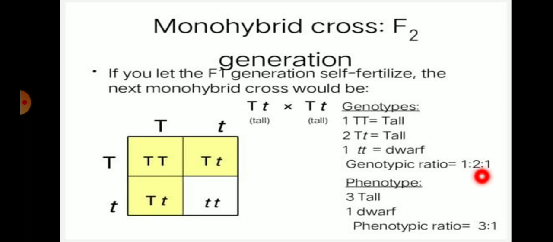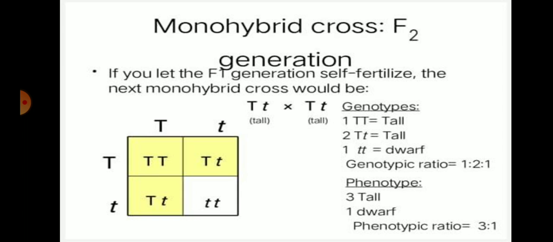And one is the dwarf plant with the homozygous recessive genotype, small t small t. So the phenotype, the physical appearance of the plants, is three tall plants and one dwarf plant. So the phenotypic ratio is 3 to 1, occurring in the F2 generation after self-fertilization of the F1 generation.